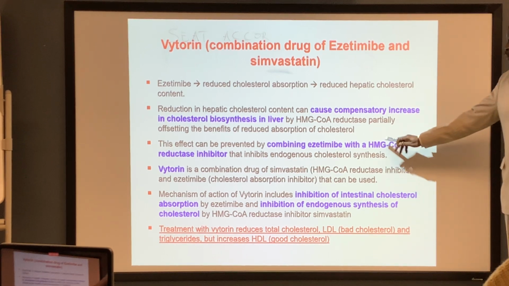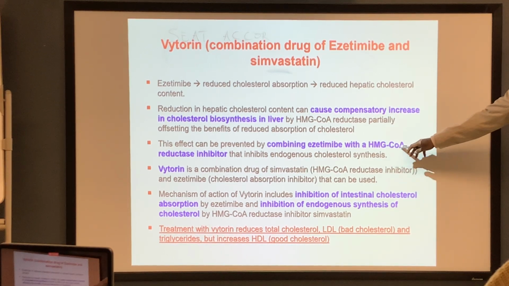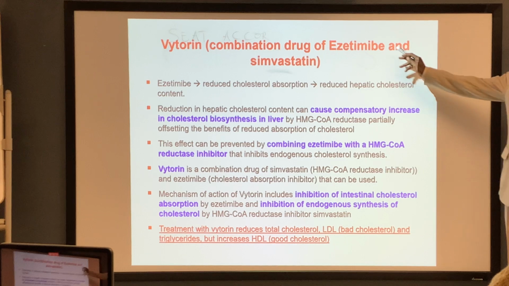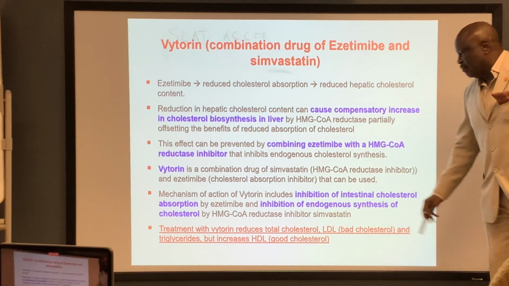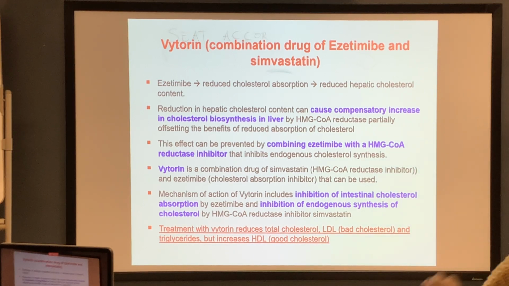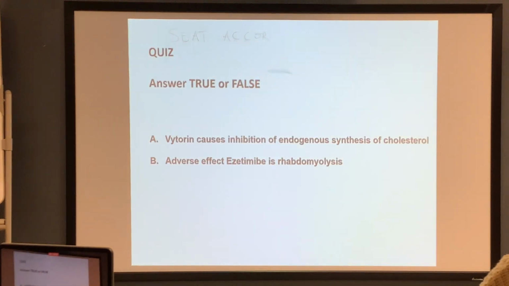So when you prevent that compensatory increase with a statin, you take good advantage of two mechanisms of action acting at the same time. So when you treat with Vytorin, it reduces total cholesterol, it reduces the LDL, bad cholesterol, and triglycerides, but it increases the HDL, the good cholesterol.